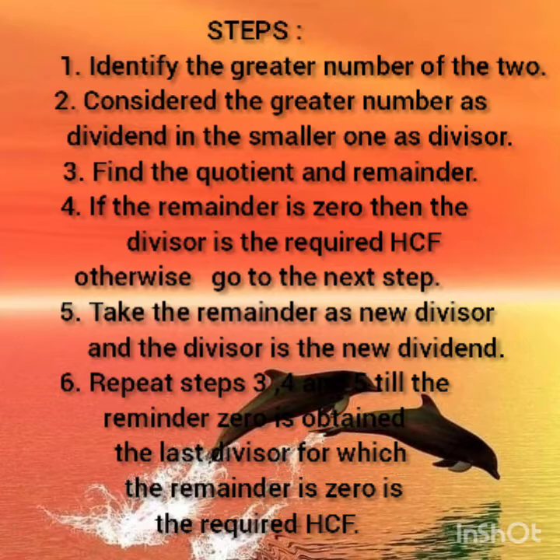The last divisor for which the remainder is 0 is the required HCF. So, my dear students, these are the steps to find the HCF of two numbers. When we apply it in the exercise, we will easily solve all the questions one by one.